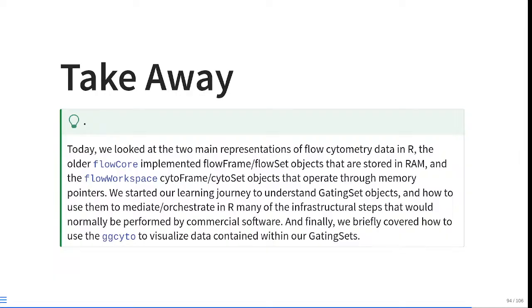We have started to learn how to use gating set objects, starting off with a fully assembled object, which we'll build on and learn how to build individually step by step over the next couple weeks. And this gating set object is what allows us to do a lot of those infrastructural steps that are normally handled by our commercial software. And finally, we looked at a little bit of an introduction of how to use the ggCyto package to visualize the data that's contained within our gating sets in a particular gate, a particular node fashion.